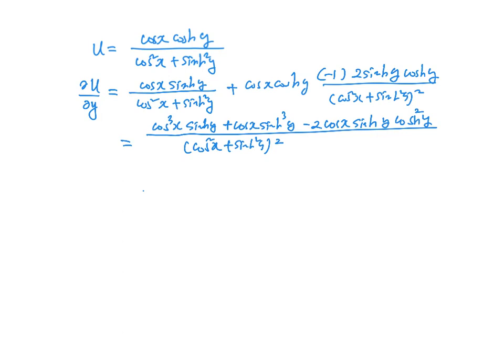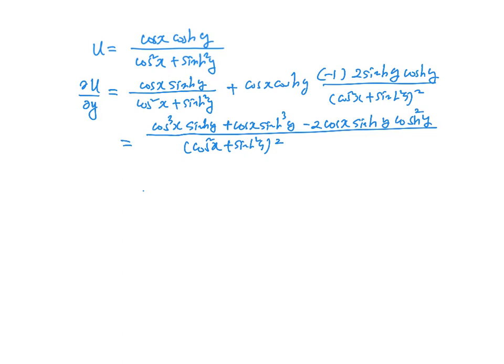We have to double check at this point. So I differentiate first with respect to y. So cosine hyperbolic becomes sine hyperbolic. And I like to differentiate the denominator. The denominator is the same, but squared with minus 1, and twice sine hyperbolic y and cosine hyperbolic y.